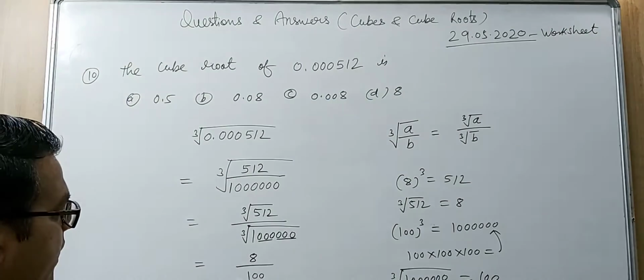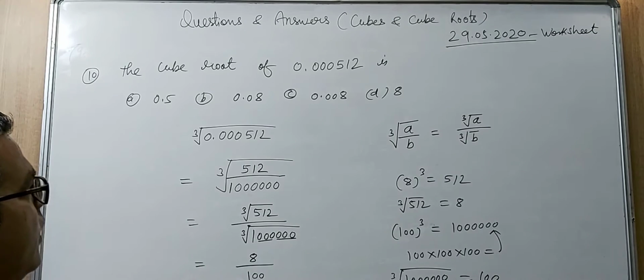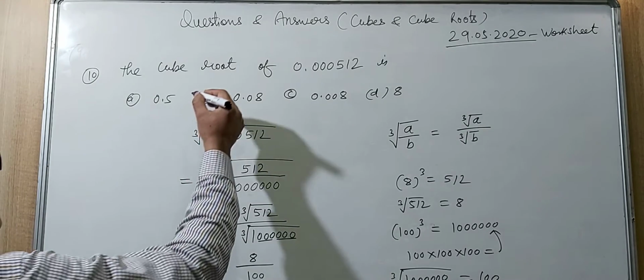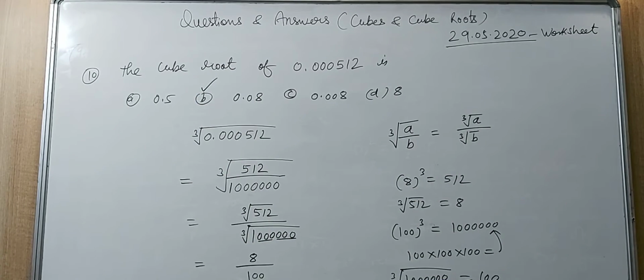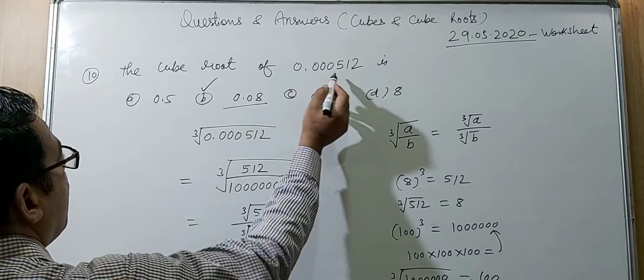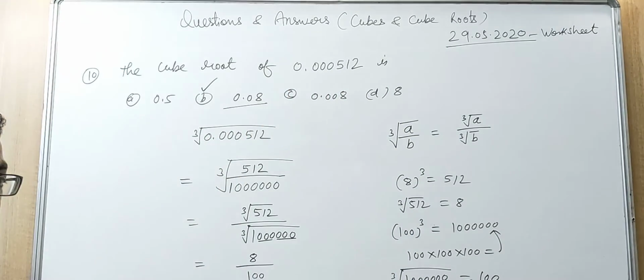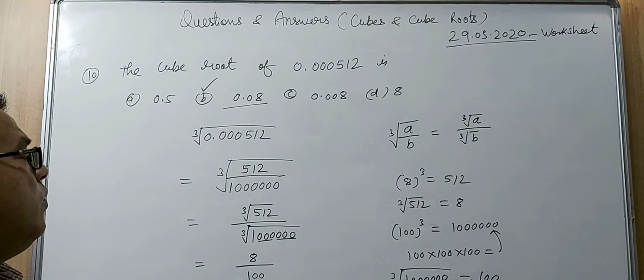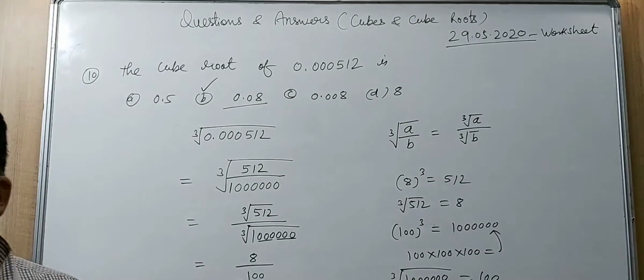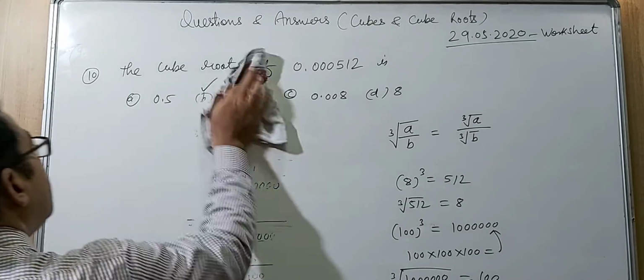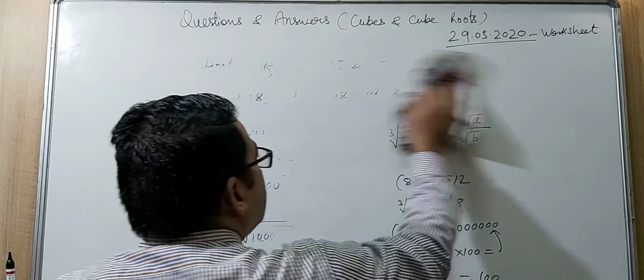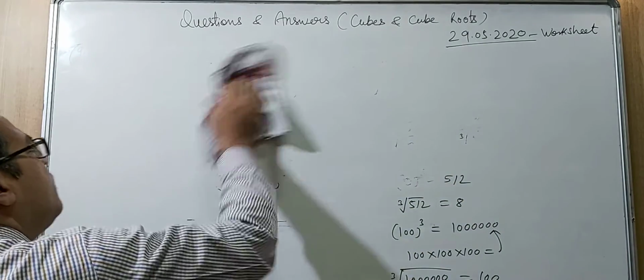So we write here 0.08. Which option is correct here? This B option is correct. So this is the solution: the cube root of 0.000512 is 0.08. So you can solve this way. Many methods are there, you can use any of them.